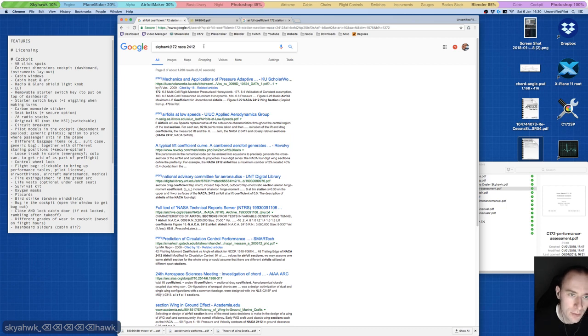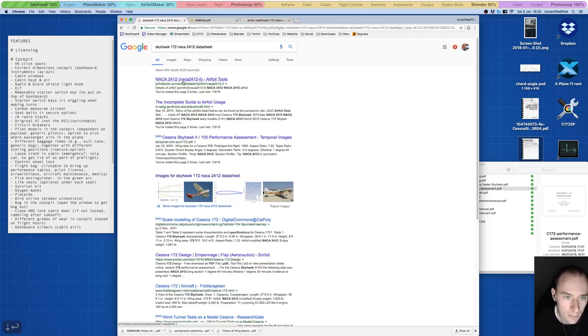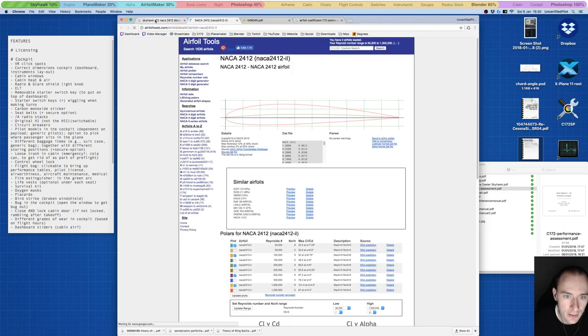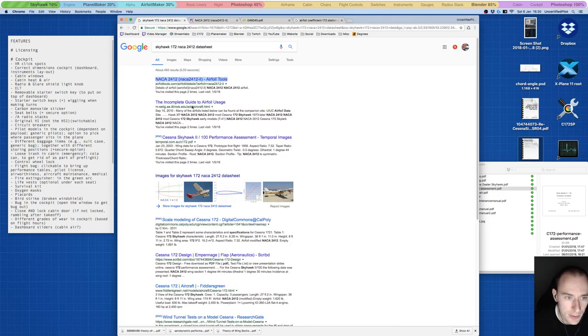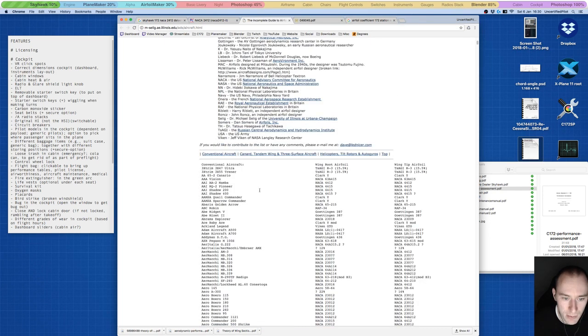Skyhawk 172, NACA 2412. Data sheet. Yeah, but this is just, again, general, and nothing that we can use. The incomplete guide to airfoil usage. 172. And again, we see the performance PDF that we were looking at.